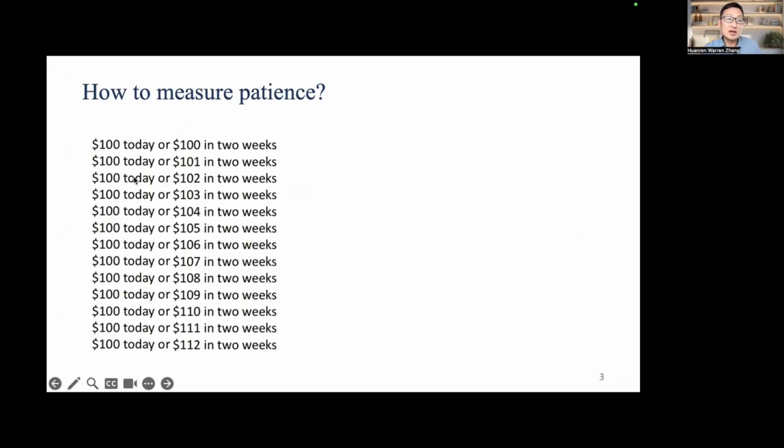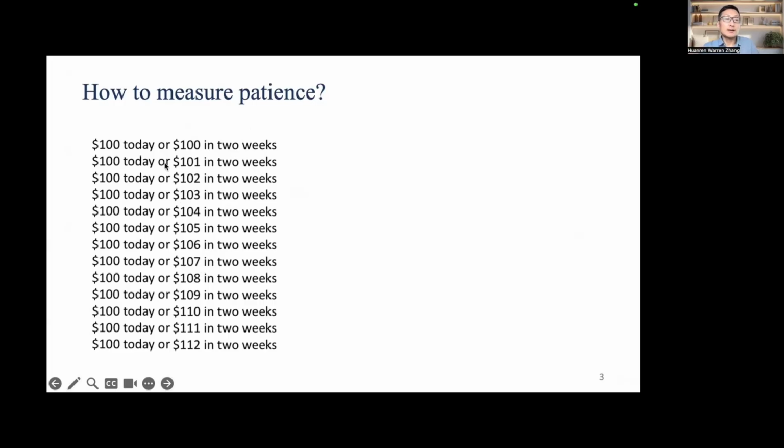In this specific task, you are asked to choose between receiving $100 today or some larger amount of money in 2 weeks' time. You see that the left choice is always the same across all the decisions, but the amount of money that you can receive in the future changes in size.